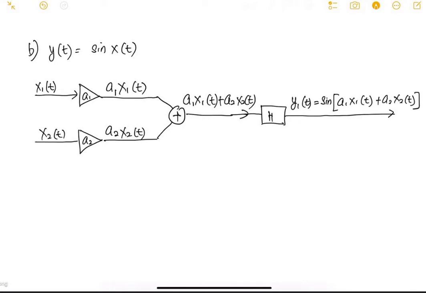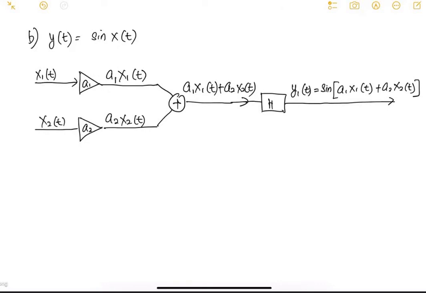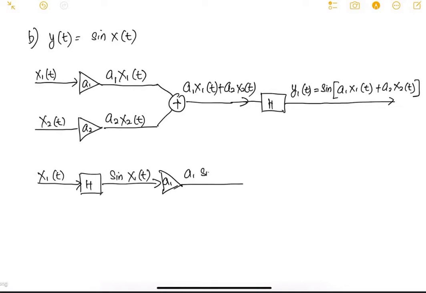Then what about the second one? You have the input x1(t), you insert it into the system H, whose output is the sine, so sin x1(t). Then you insert it into the constant a1 to produce a1 sin x1(t).